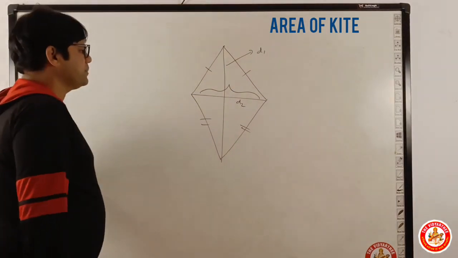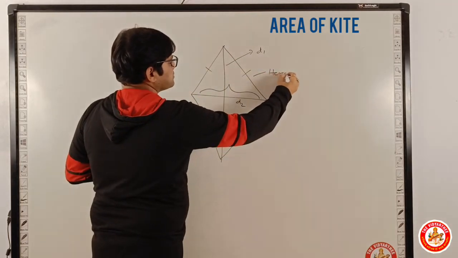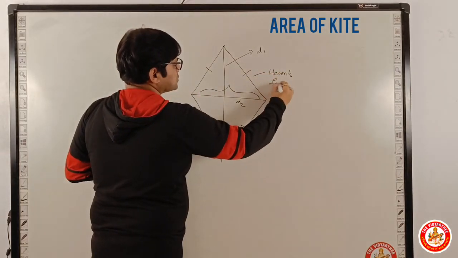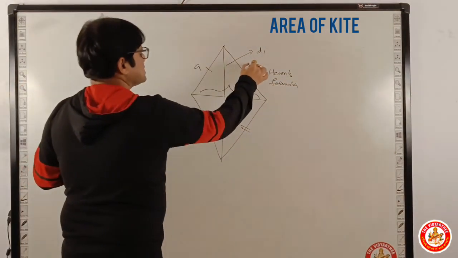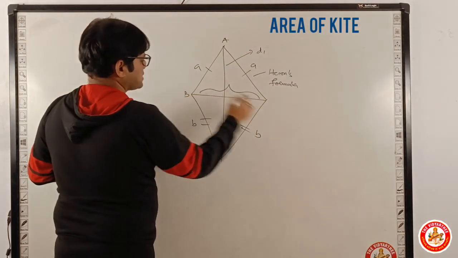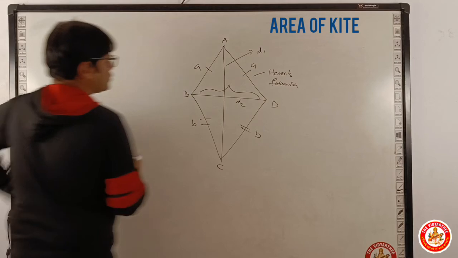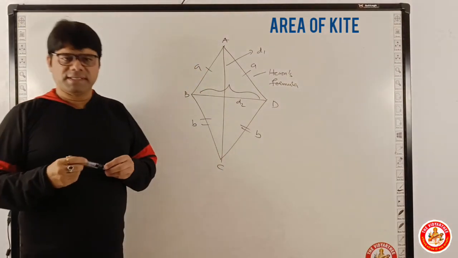Why will it help? Because we can calculate using Heron's formula. So there is no particular formula by just knowing the sides of the kite. You can use Heron's formula based on whatever information is provided in the question.